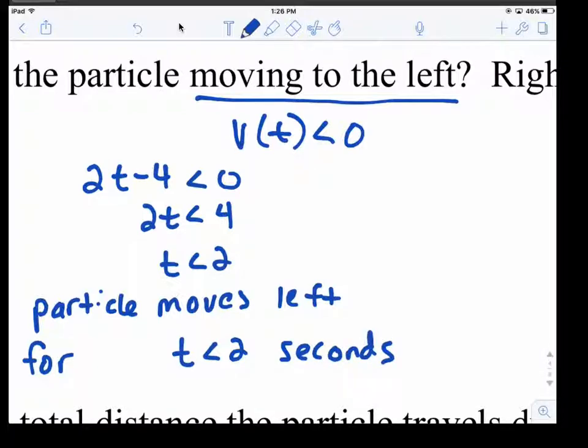Now, you can't really leave it like that because then where does it start? When do you start paying attention to the particle? 0. So you have to include that for the first one. So the particle moves left for 0 to 2 seconds.